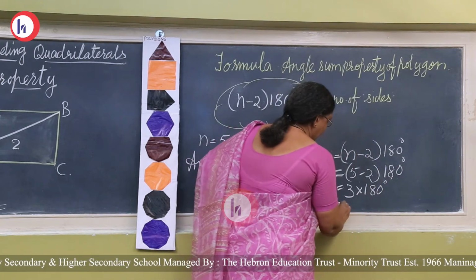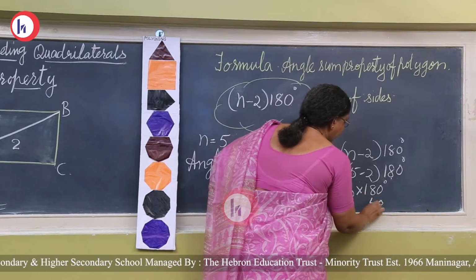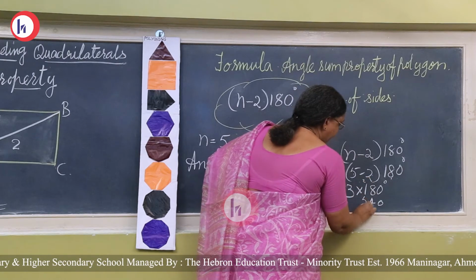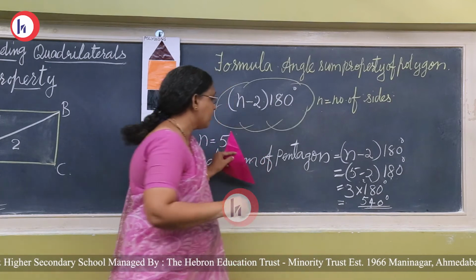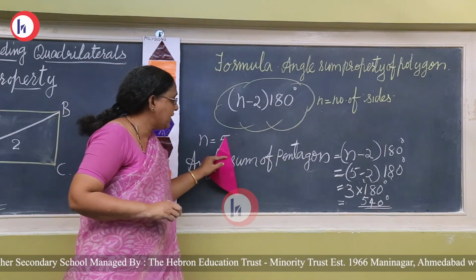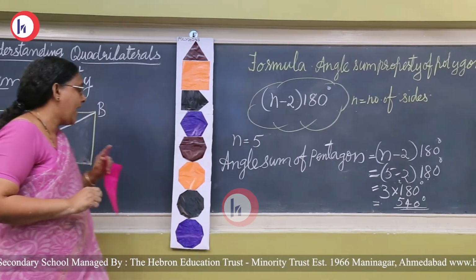Multiplication can be very easy. 3 zeros are 0, 3 8s are 24, 2 carry 1, 3 ones are 3, 3 plus 2 is 5. So, the total sum of the interior angle measures of a pentagon is 540 degree.